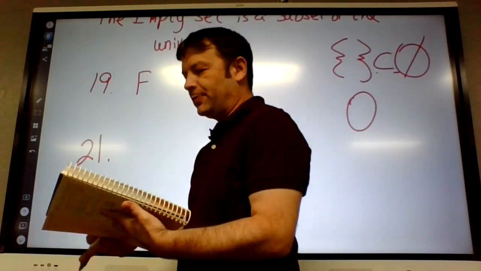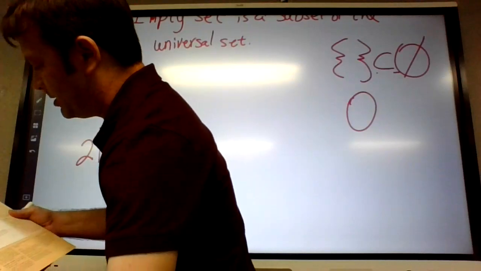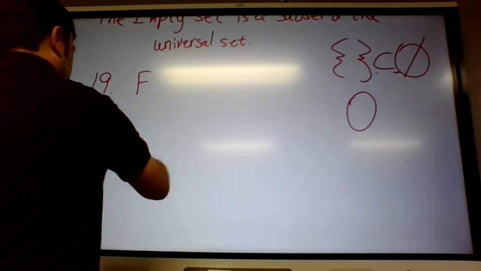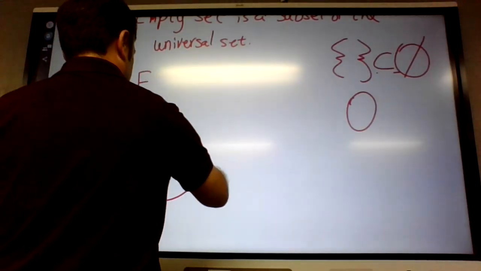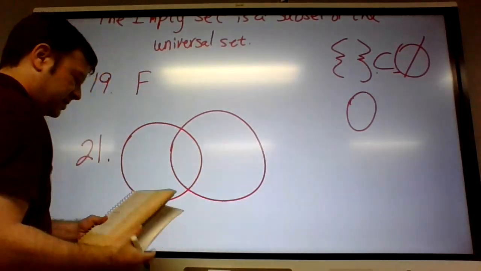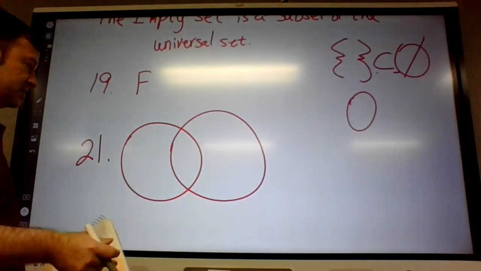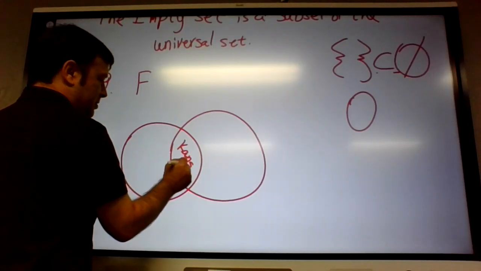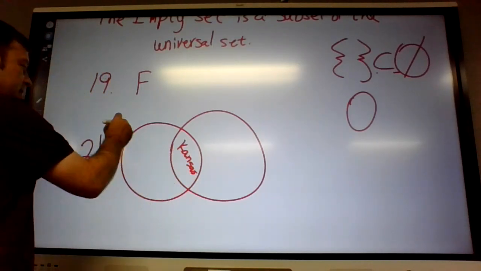So we need a circle for set L, a circle for set M. Do set L and set M have anything overlapping? Anything in both? What is it? Kansas. So Kansas is going to go there.